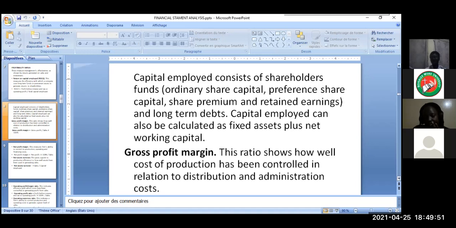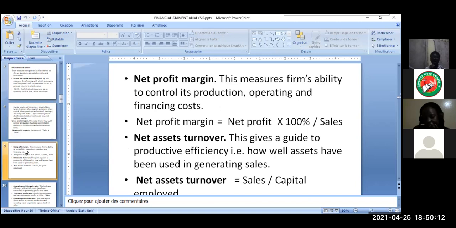Another thing to calculate profitability ratio, we have gross profit margin. This ratio shows how well cost of production has been controlled in relation to distribution and administration cost. Now, within gross profit margin, we have different subtitles.